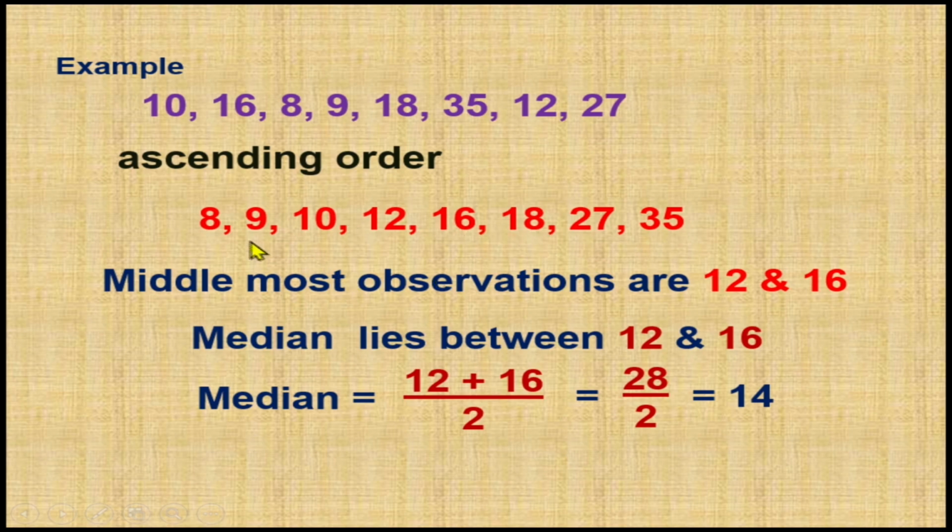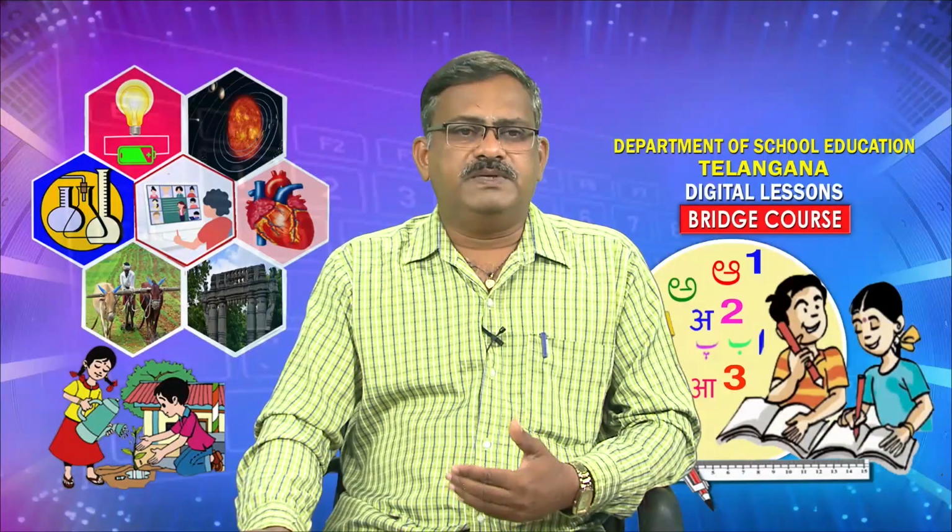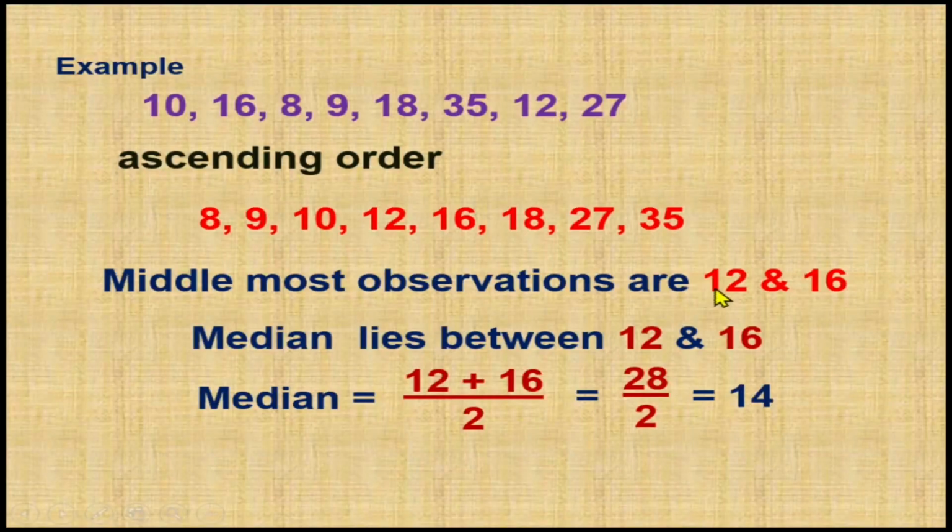So, if I start leaving the ends, one from each side like this, I am able to see there are 2 observations in the middle, that is 12 and 16. As per the condition, your median must be in the middle, is it right? It must be between 12 and 16. So, the median lies between 12 and 16.